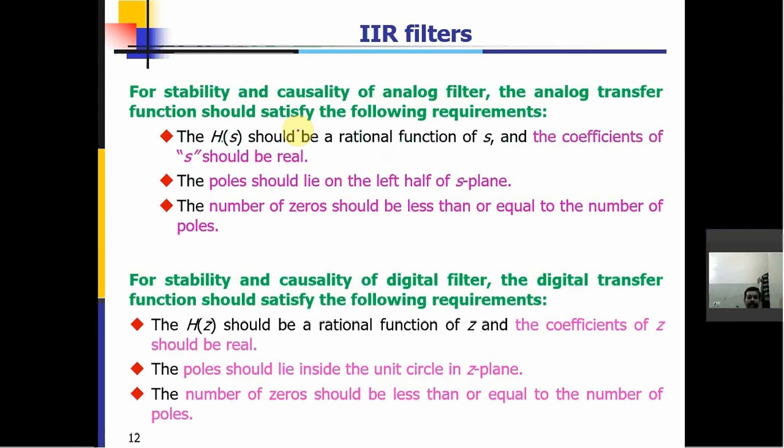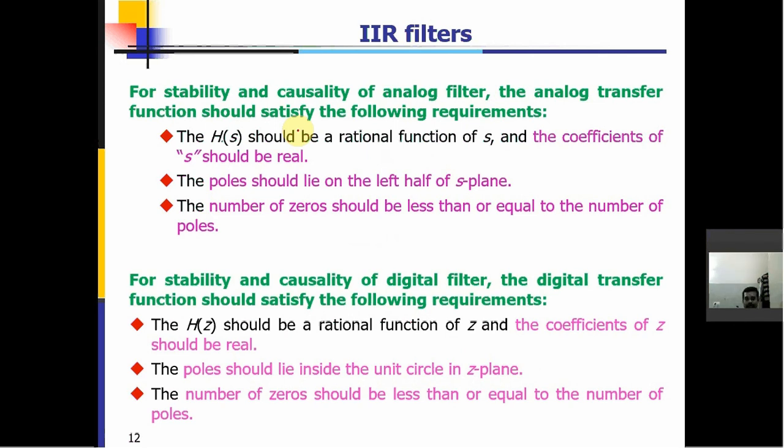For the stability and causality of an analog filter, the analog transfer function should satisfy the following requirements. The first one is that H of S should be a rational function of S, and the coefficients of S should be real.